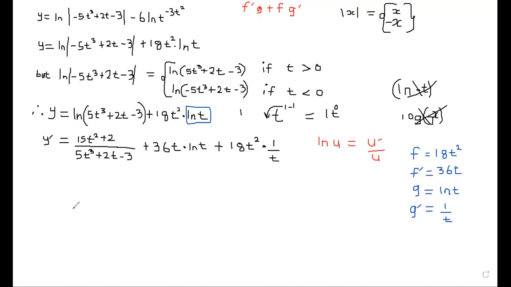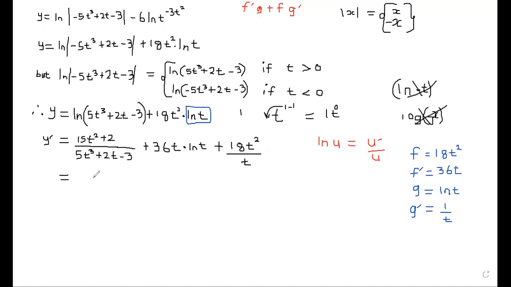Now this part I can simply rewrite, because 18t squared times 1 is just 18t squared all over t. So let's just write 18t squared all over t. Let's simplify it right at this point. Okay, so it's like that. Now let's see what we can do.